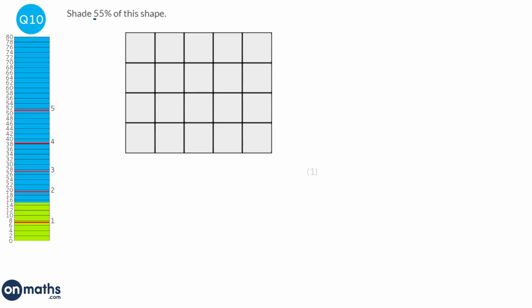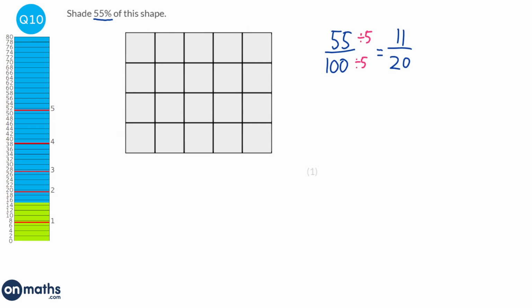So 55% is the same as 55 over 100. And what I can do is I can divide the top and bottom of the fraction by 5. And so that is going to equal 11 over 20. Now in total there are 20 squares here, because there's 5 across and 4 down. 5 times 4 is 20.